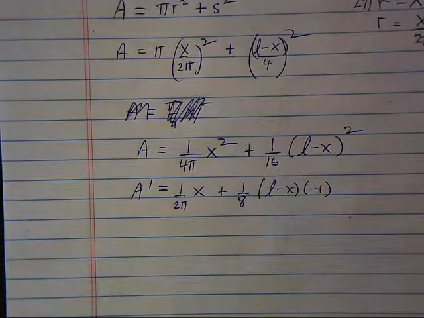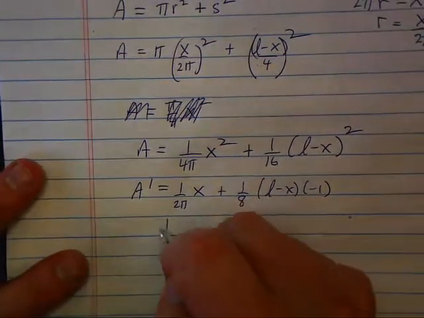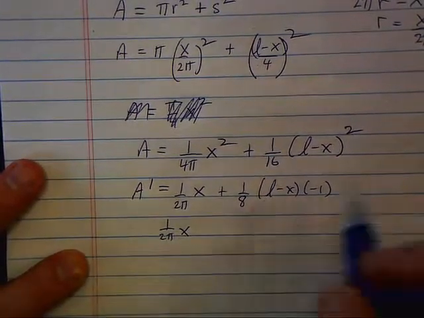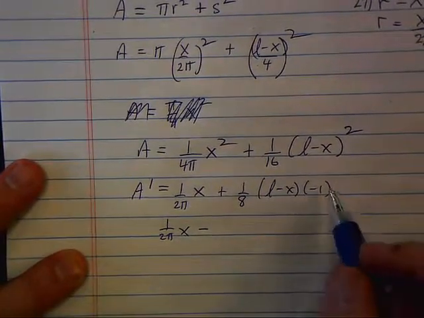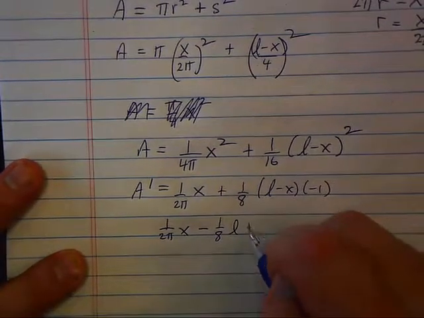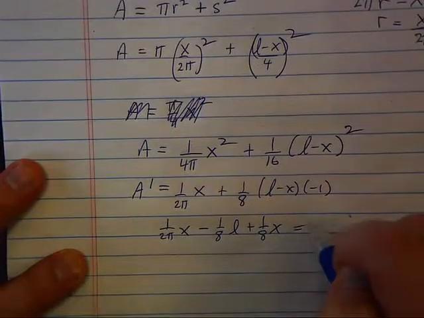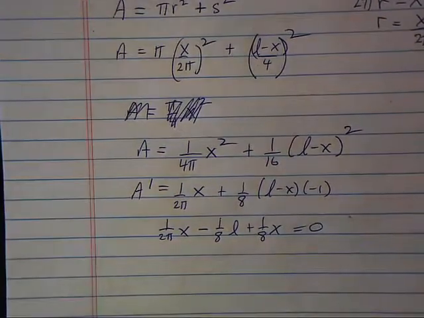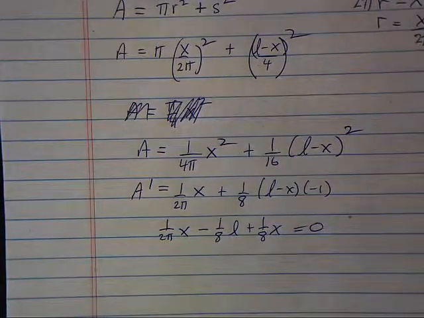Now what? Set it to 0 to find the x value, to find the critical number. All right, 1 over 2 pi x minus, I'm going to do a little distributing here, minus 1/8 L plus 1/8 x equals 0. How do you solve that equation?